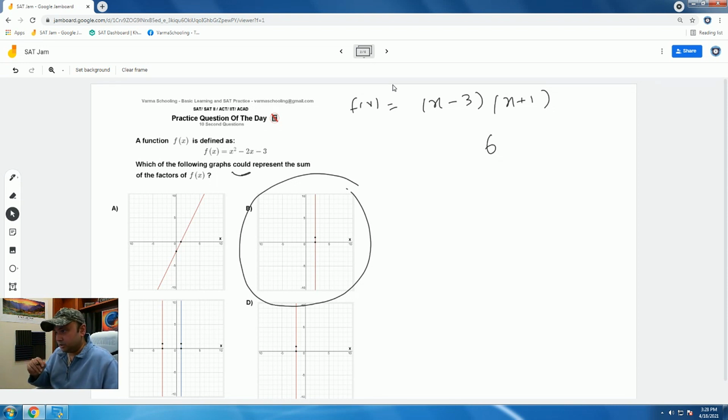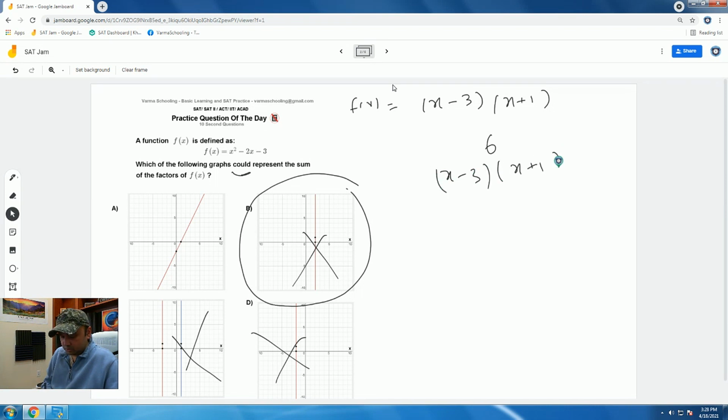It's not even mentioned in there. So right off the bat, B, D, and C are all incorrect answers because they just don't make any sense. So the factors x minus 3 and x plus 1, added together, give 2x minus 2. And that would be the graph of A.